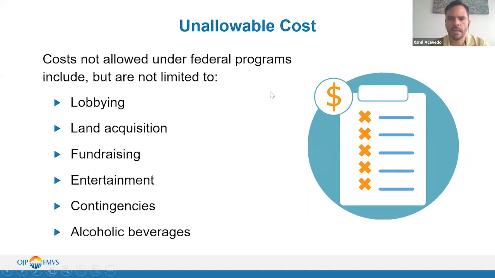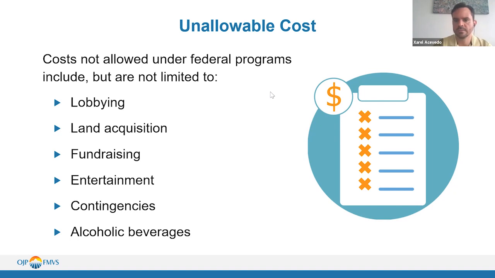All right, unallowable costs. Okay, so unallowable costs are ones that are not allowed under a federal program under any circumstances. These are some of the most common ones, just like in other slides. This is not an exhaustive list, okay? But the most common ones that we see are lobbying, land acquisition, fundraising, entertainment.